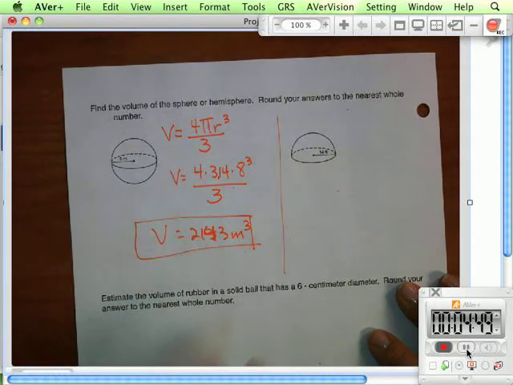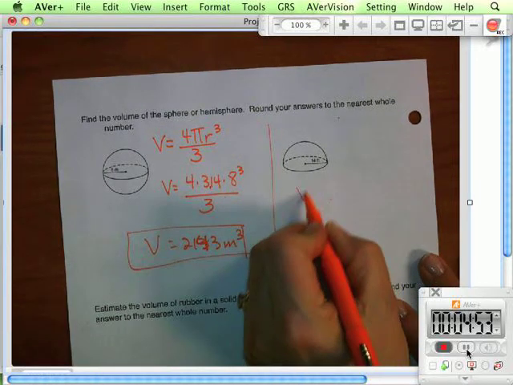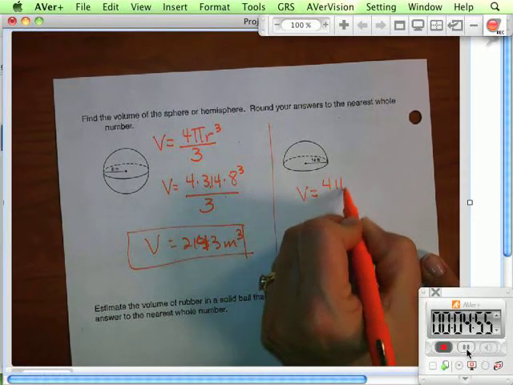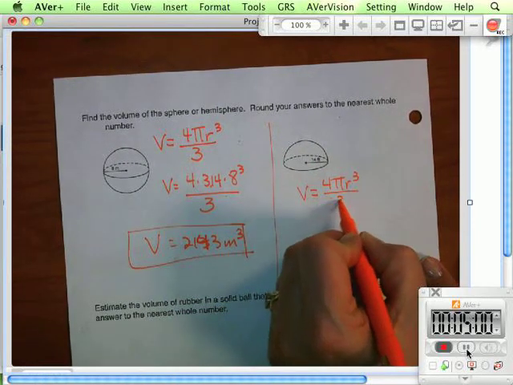Okay, there's a couple ways you can do this. What I would probably do is find the full volume and then cut it in half, because it's only half of it. It's a hemisphere. Plug in what you know.